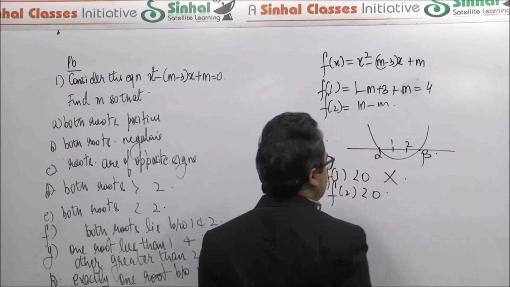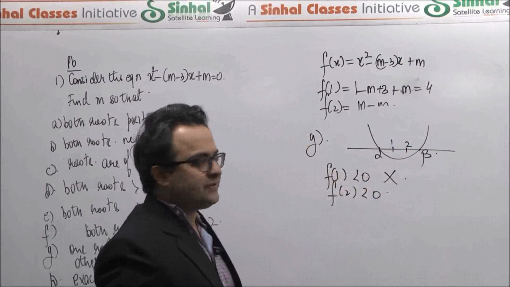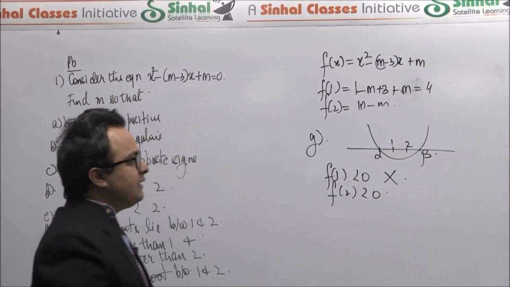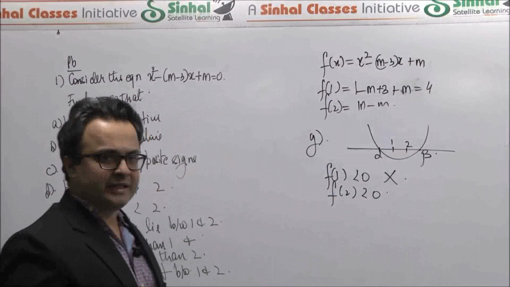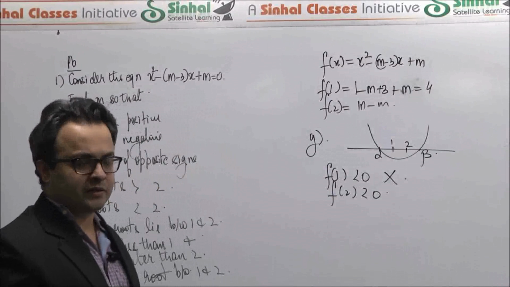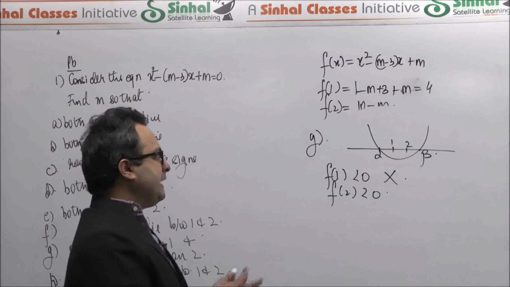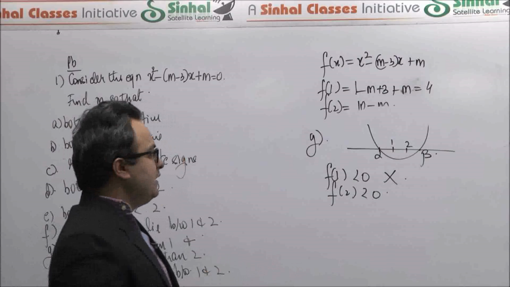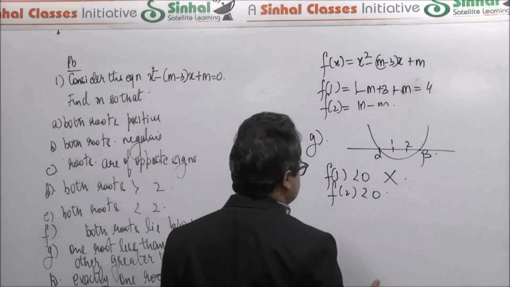But this is not true. The first condition can never be satisfied, because as you've seen, f of 1 turns out to be independent of m, and f of 1 turns out to be equal to 4. For each value of m, f of 1 is always going to be equal to 4. So anyway, it is not possible for 1 to be between the roots, right? So for the G part, again, the answer is a null set.